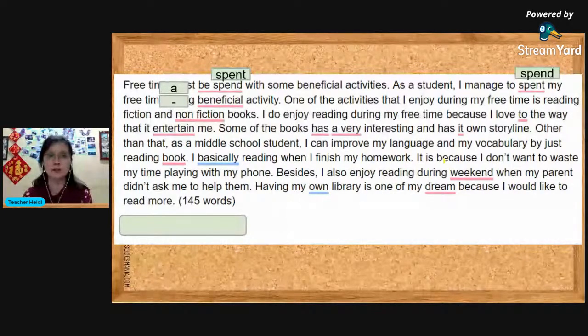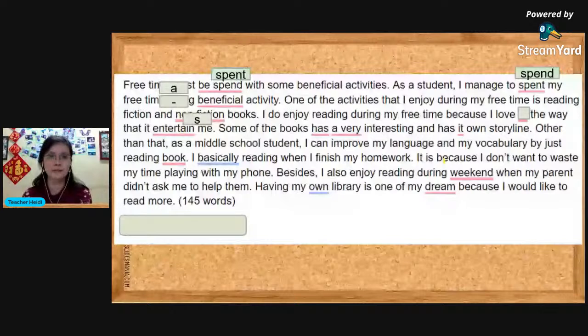I do enjoy reading during my free time because I love the way that it entertains. After it, you must have an S, entertains, because it's present tense. All right, he, she, it, you have to add S to your verb.